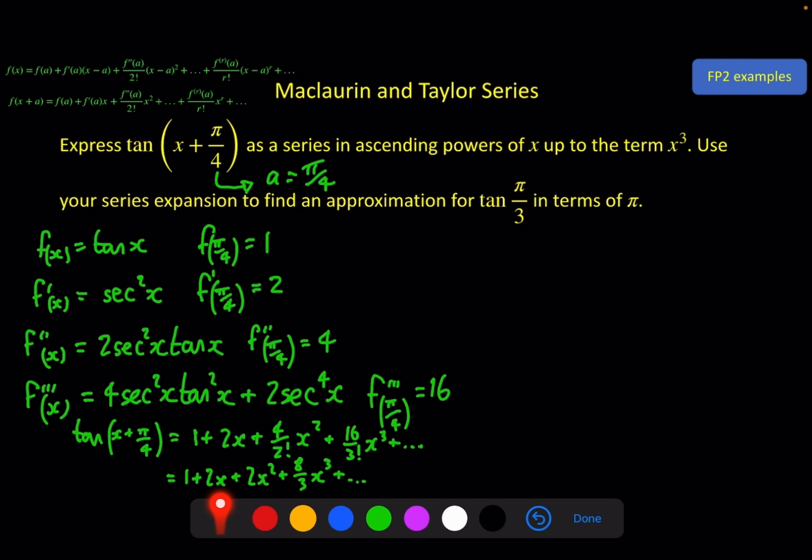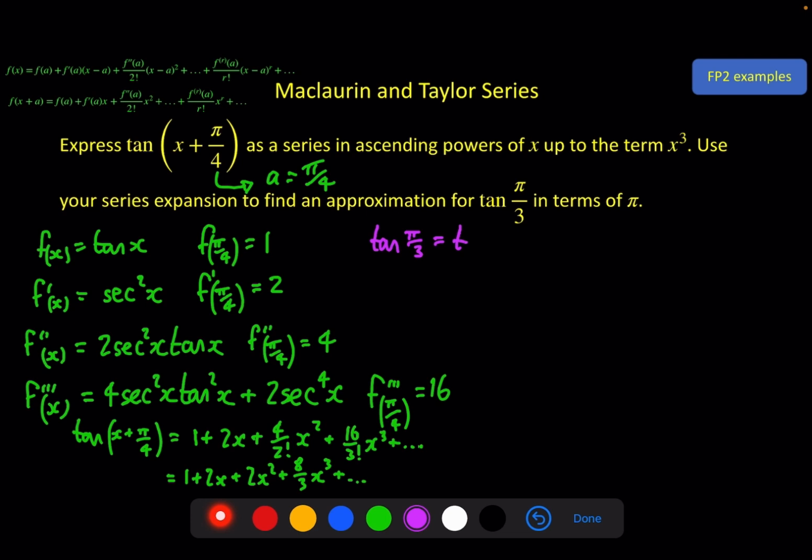Now we need to use it to find an approximation for tan of pi by 3 in terms of pi. So using tan of pi by 3 in this expansion here, that doesn't quite match yet because we need x plus pi by 4. And at the moment we don't have a pi by 4 here. We need to split this into two pieces, something plus pi by 4, which is equal to pi by 3.